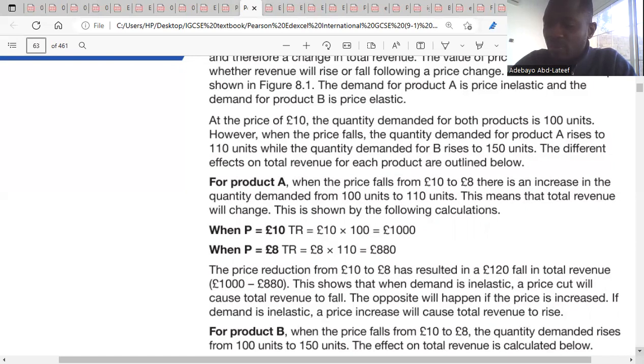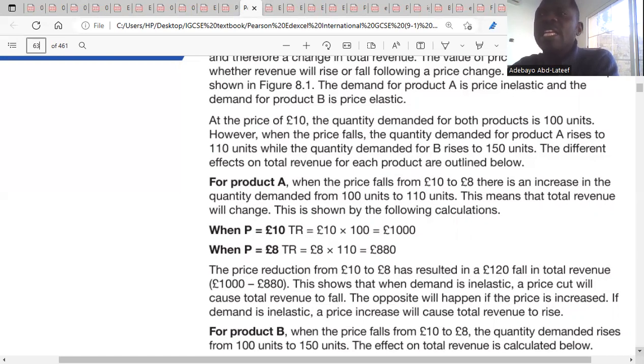So what is total revenue? We said total revenue is price multiplied by quantity. Yes or no? So the price was 10 and the quantity demanded was 100 units, which means we're talking about $1,000 in total revenue. Then there's a change in total revenue because the price has fallen to $8 and the quantity increases to 110 units.